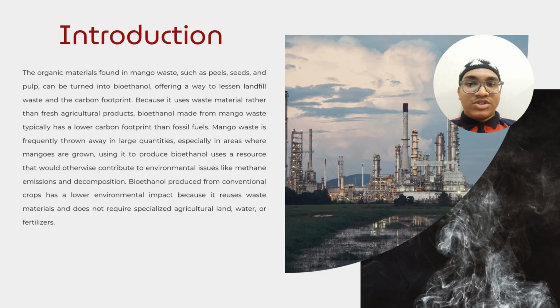Mango waste is frequently thrown away in large quantities, especially in areas where mangoes are grown. Using it to produce bioethanol turns a resource that would otherwise contribute to environmental issues like methane emission and decomposition into something useful. Bioethanol produced from conventional crops has a higher environmental impact, because this reuses waste material and does not require specialized agricultural land, water, or fertilizers.